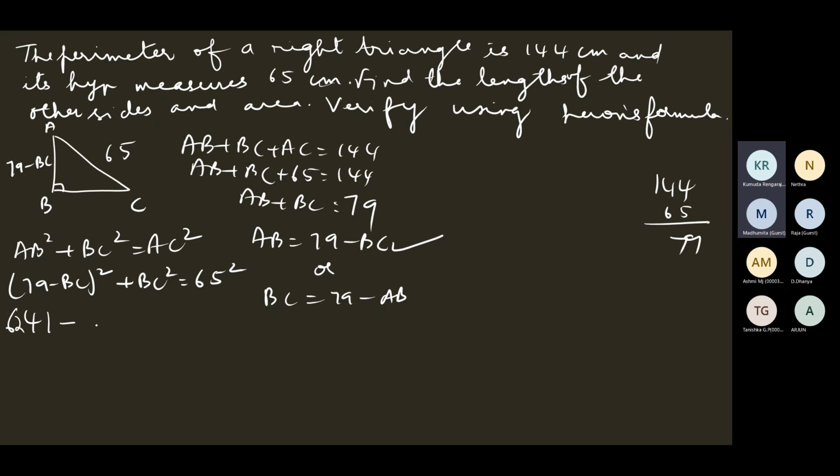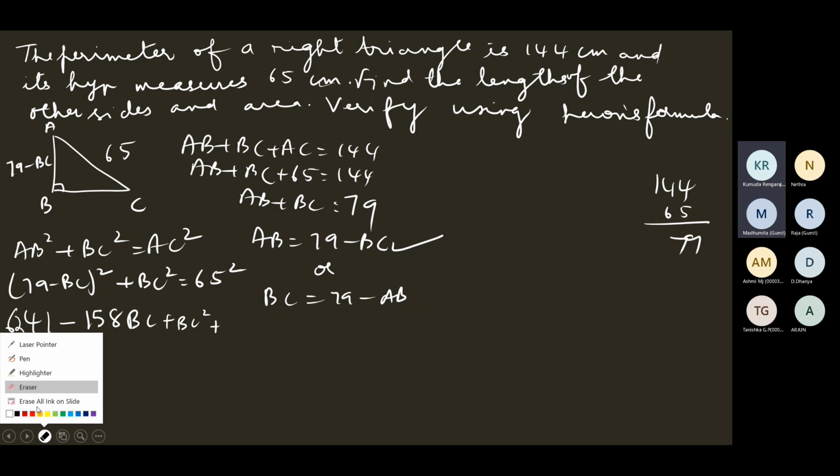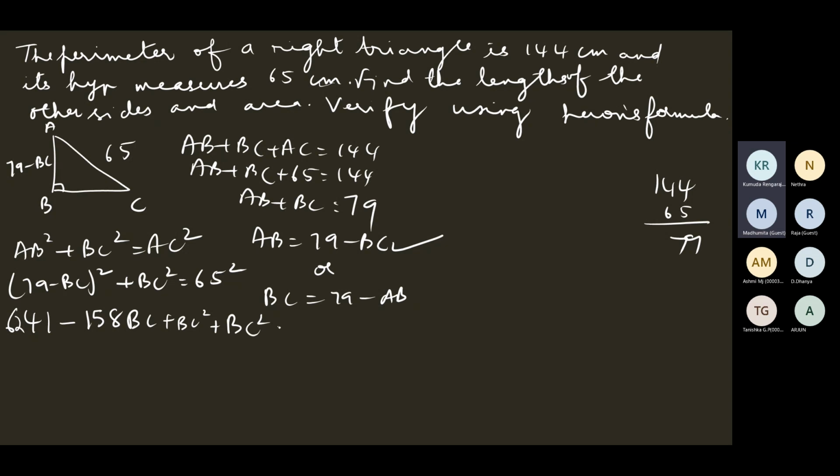Minus 2AB, since A minus B the whole square is A square minus 2AB, so it'd be 158 BC, plus BC squared. 6241 minus 158 BC plus BC square, plus another BC square, is equal to 65 square, 4225.